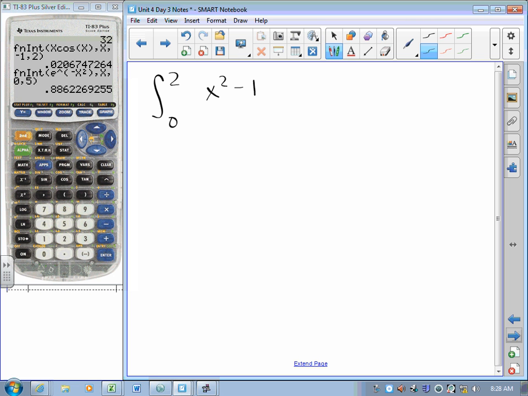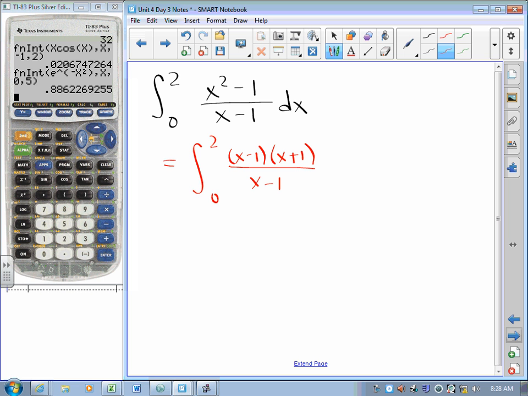What if I'm looking for that integral and I want to find it without using a calculator? Well, then I think to myself, isn't that just that? Well, yes.